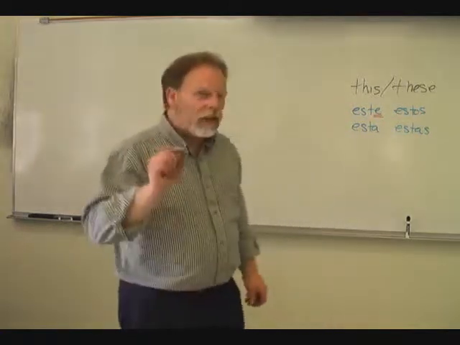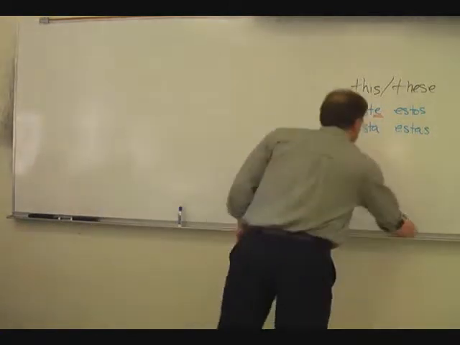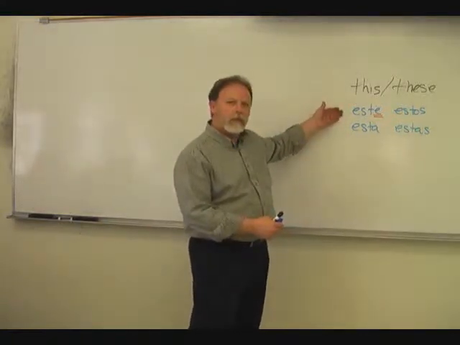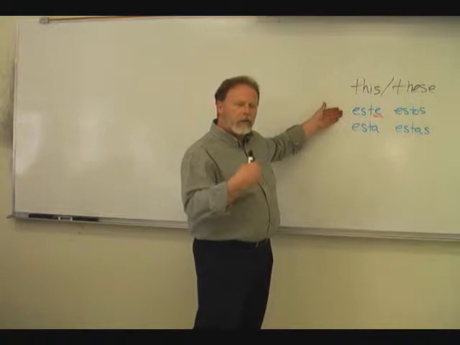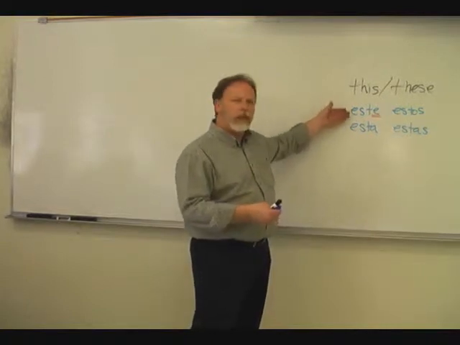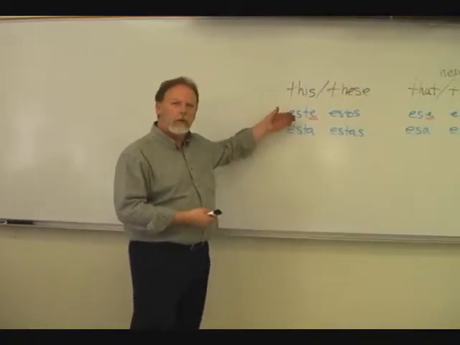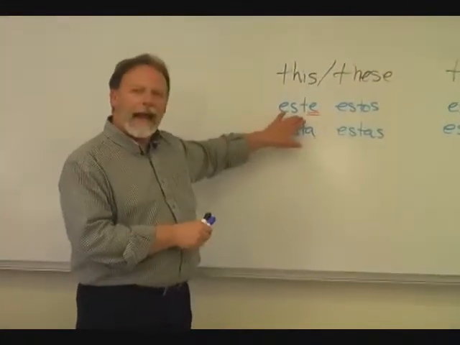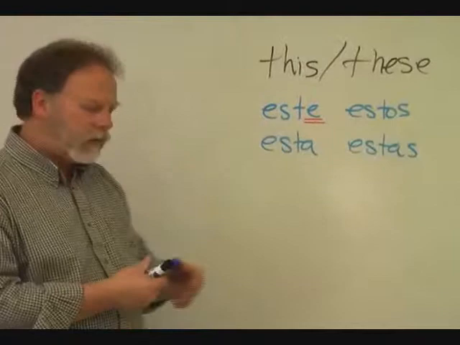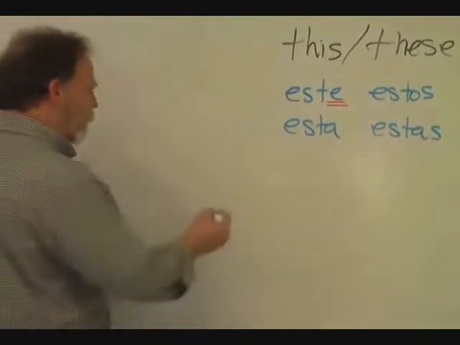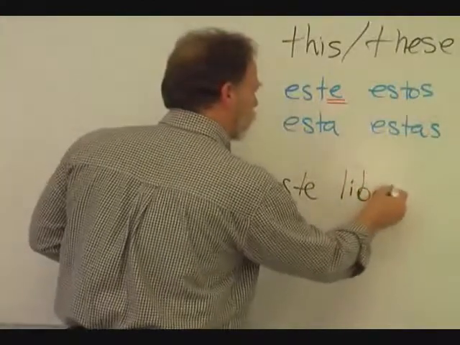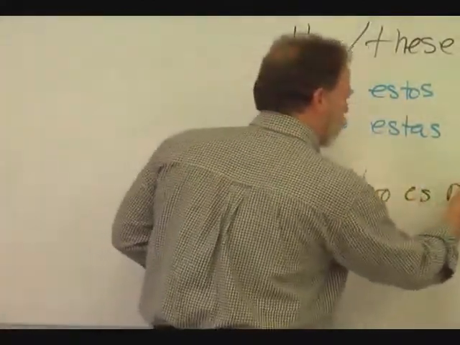Now, taking this a step further, demonstrative adjectives and demonstrative pronouns actually share the same form. Now, what's the difference? A demonstrative adjective accompanies a noun. Este libro es nuevo.